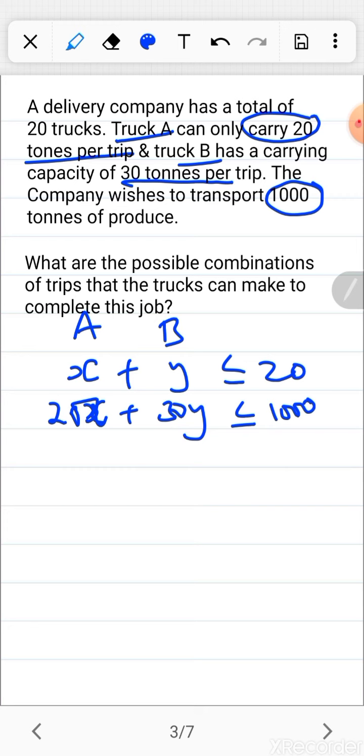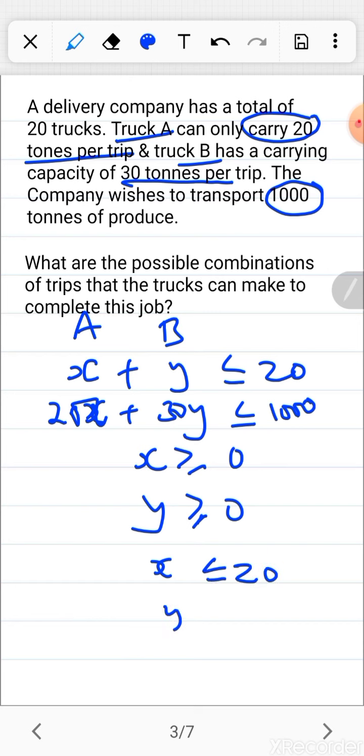But you also know definitely that x has to be greater than 0 and y has to be greater than 0. And just in case you're interested, two other equations can be x has to be less than 20, and y individually has to be less than 20.